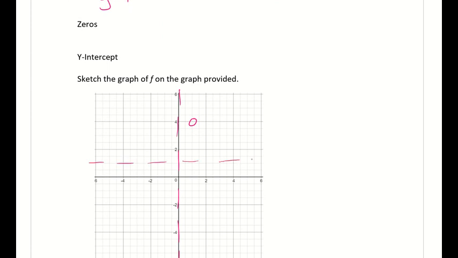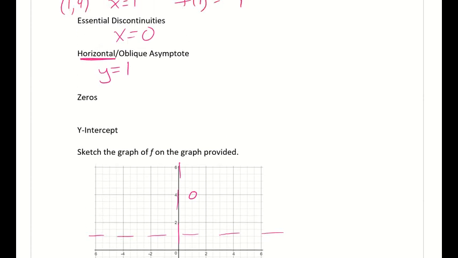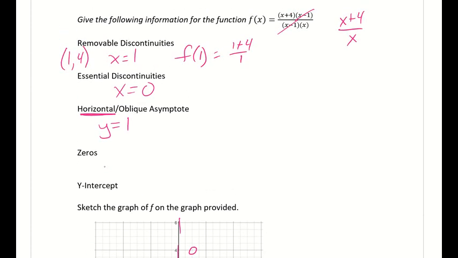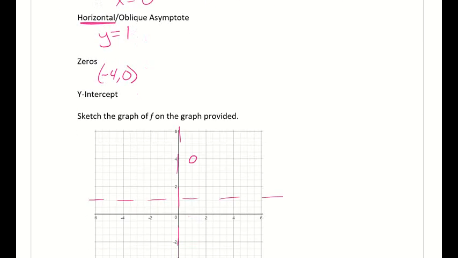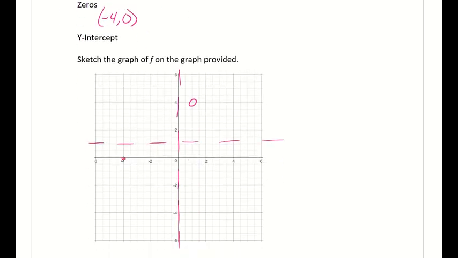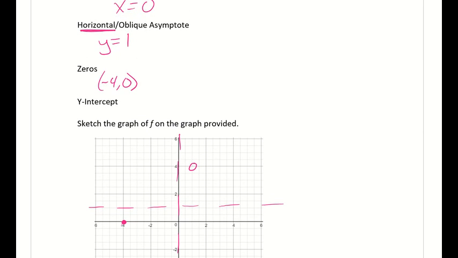So we've got a horizontal asymptote at y equals 1. For our zeros, we set our numerator equal to 0, so we end up with the point (-4, 0). For our y-intercept, we do not have one, because if we substitute 0 into this equation, we end up dividing by 0. Not okay.